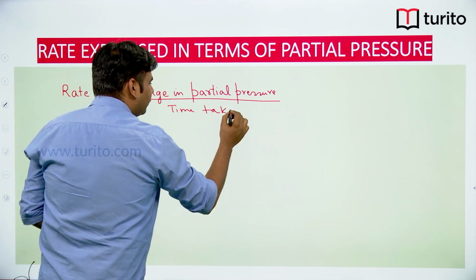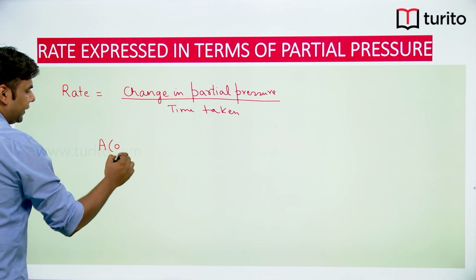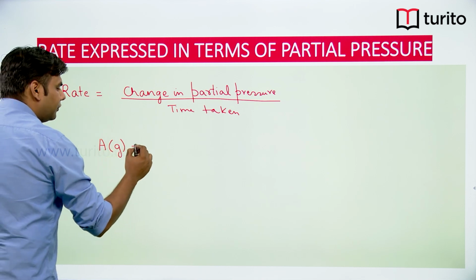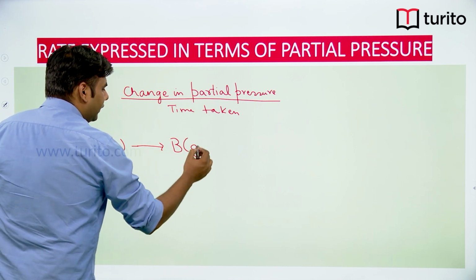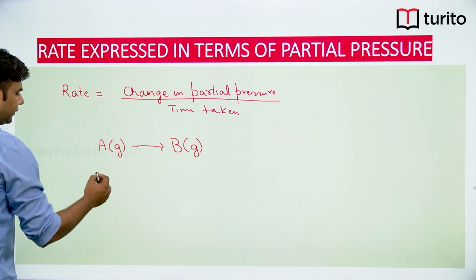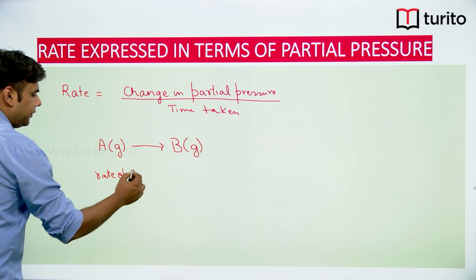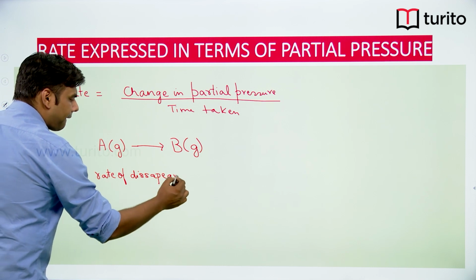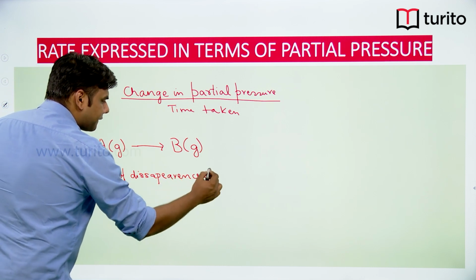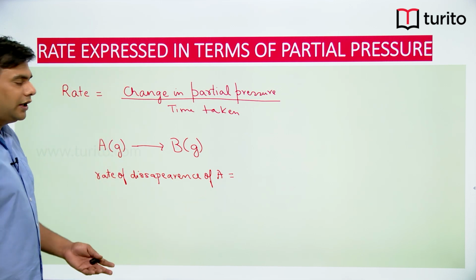Suppose we have a reaction where gas A is changing into gas B. We define the rate of disappearance of A as the change in partial pressure of A, that is final pressure minus initial pressure.